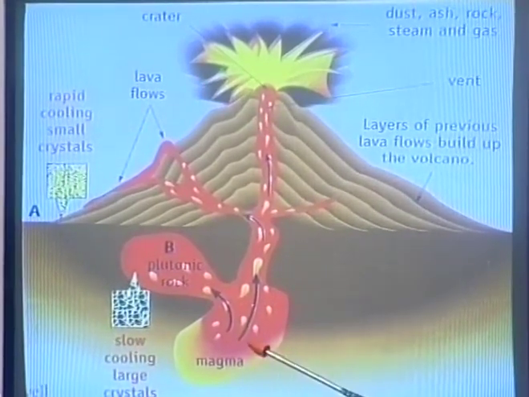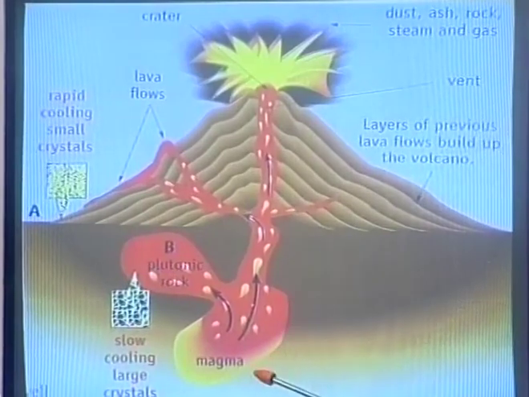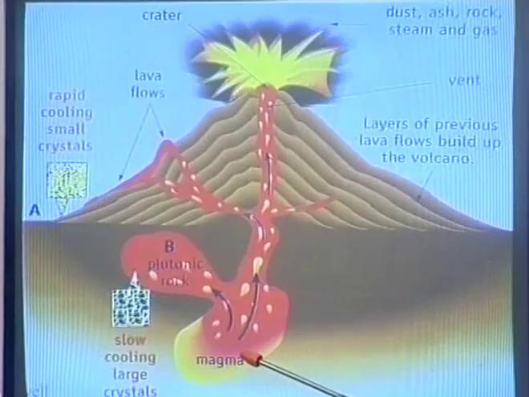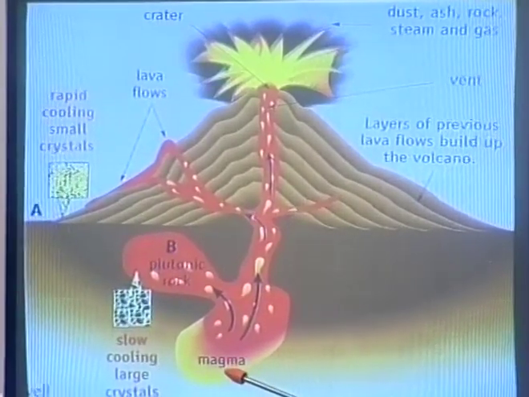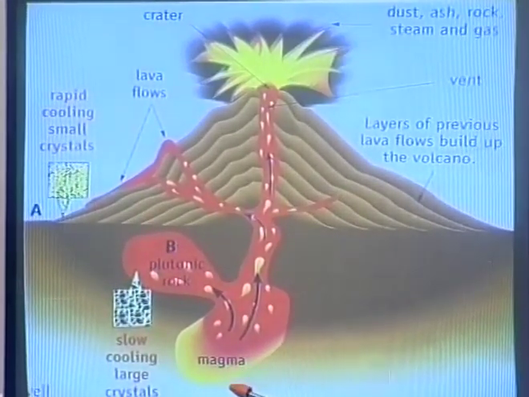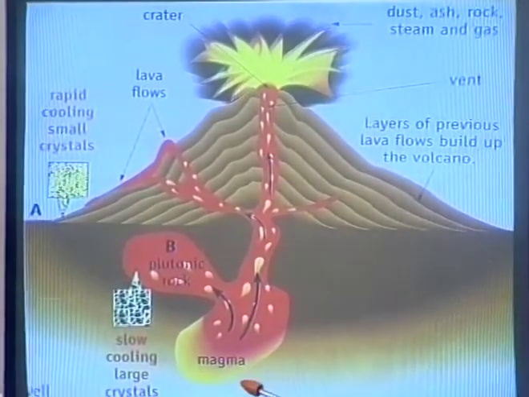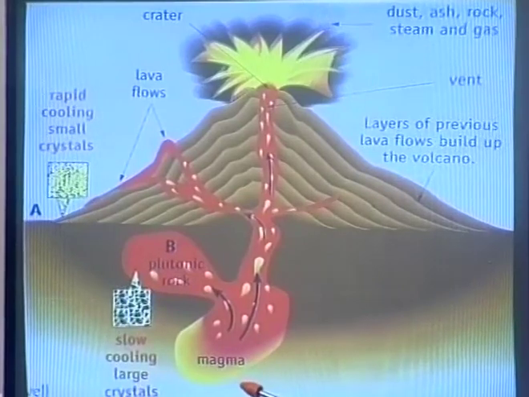Now, there are some that remain and cool very slowly, and they also form other igneous rocks. As we go through, you will know what all those different types of igneous rocks are.